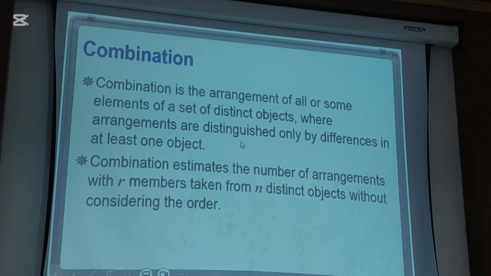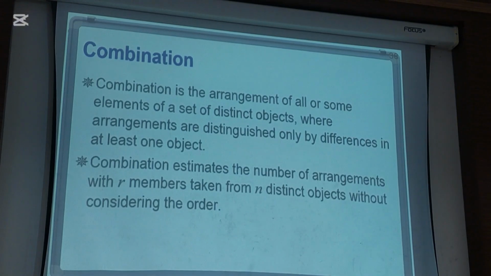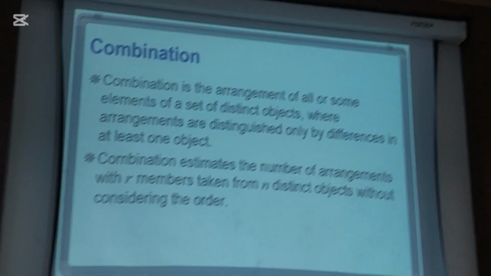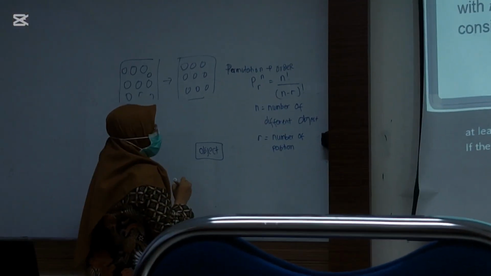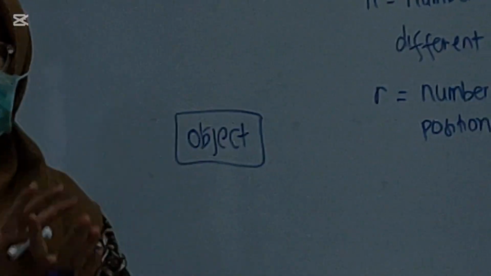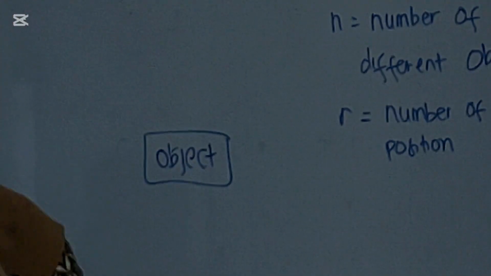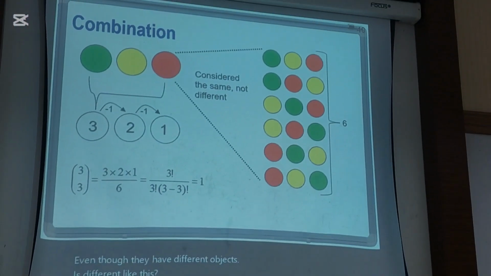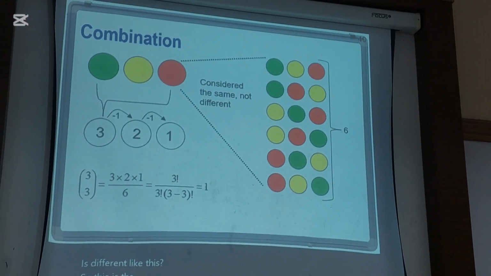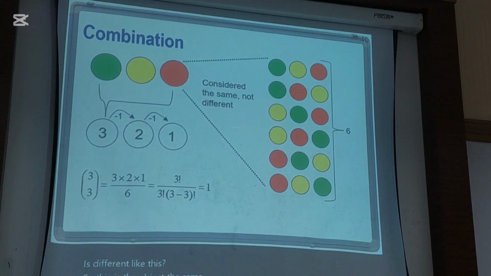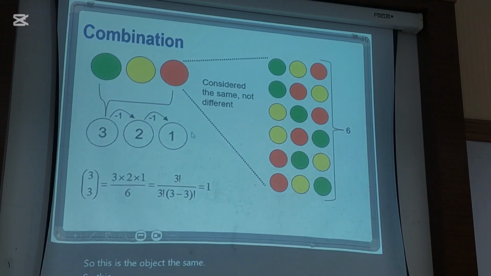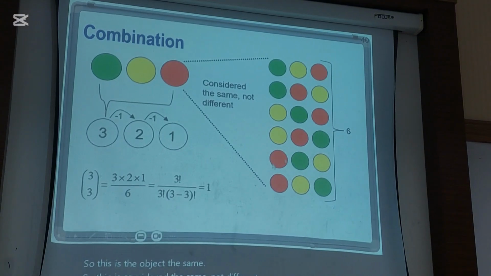So if the object is the same, even though they have a different order, it is divided by this. So this is considered the same, not different. This is about the combination.